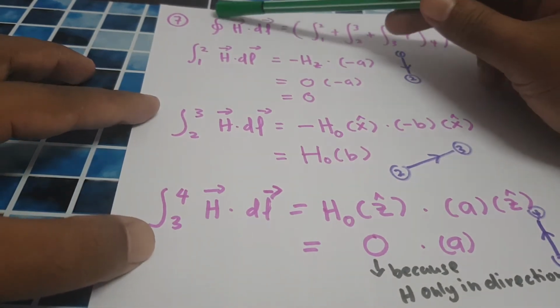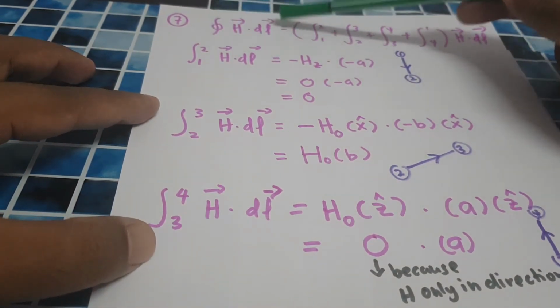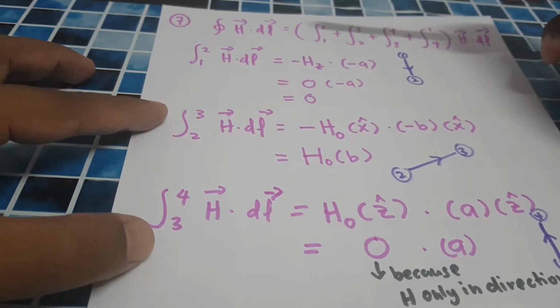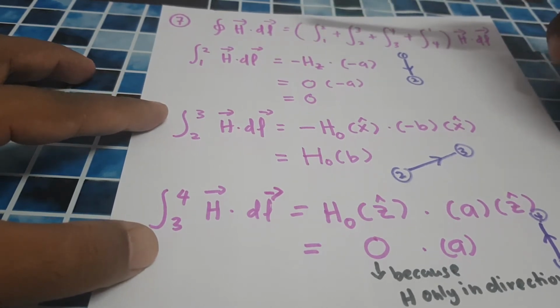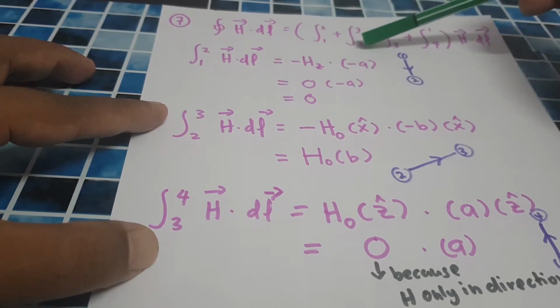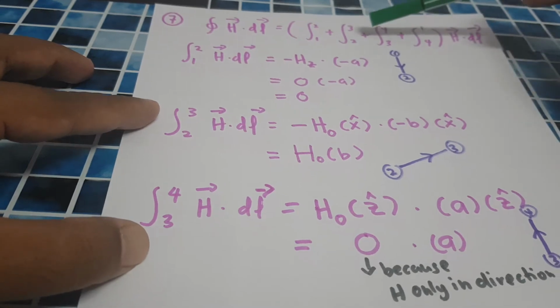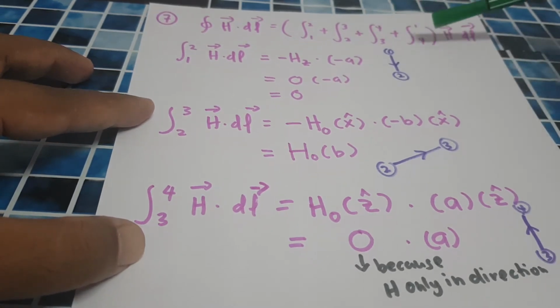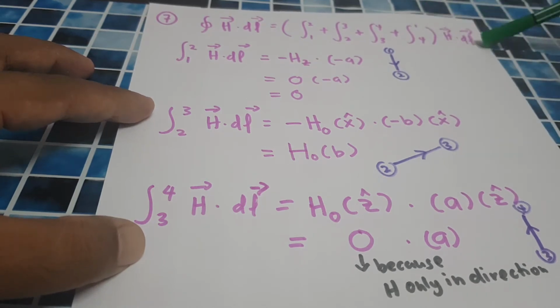Then from the rectangle, we know that the closed integral of H dl equals the integral of the line path from 1 to 2, plus the integral from 2 to 3, plus the integral from 3 to 4, plus the integral from 4 to 1 of H dl.